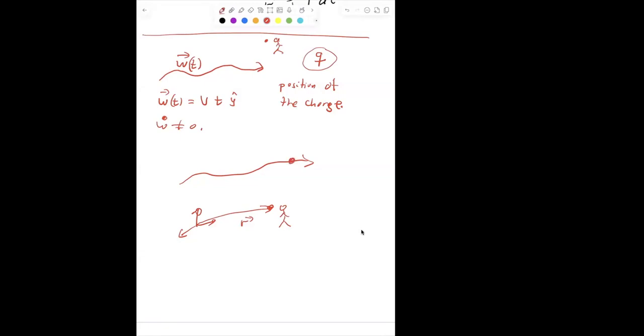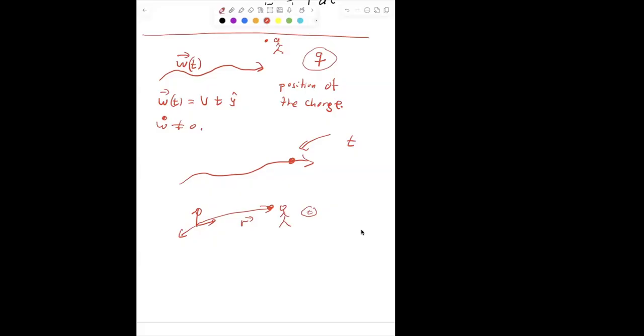The particle at time t is, let's say, here. Now I'm at this point. My clock here is time t, as usual. So I'm looking here at time t. Do I care about the position of the particle at this time t here?